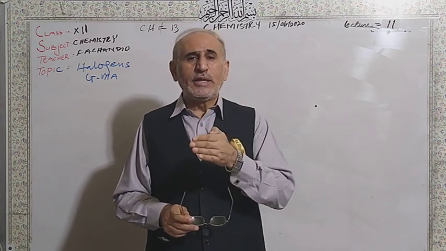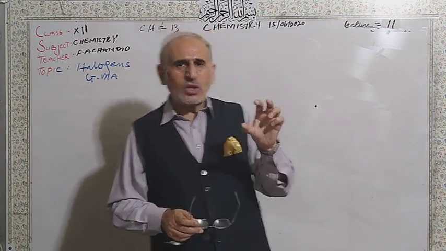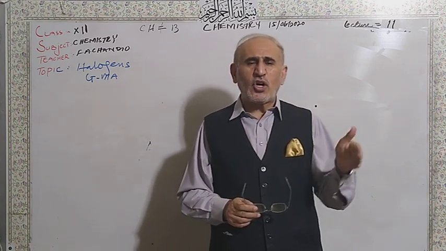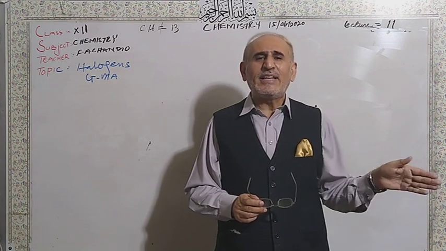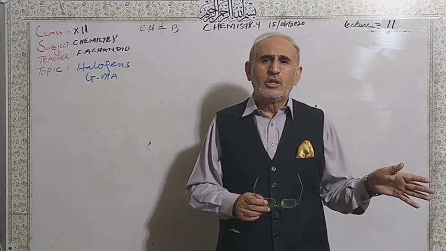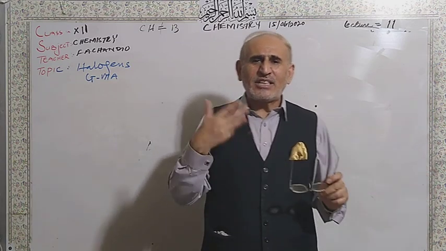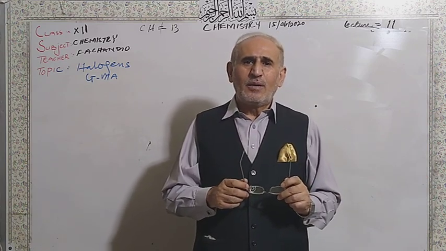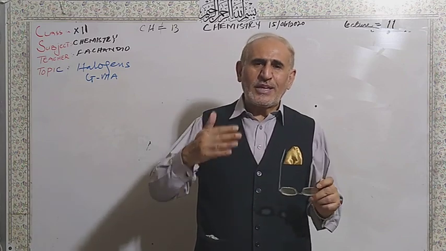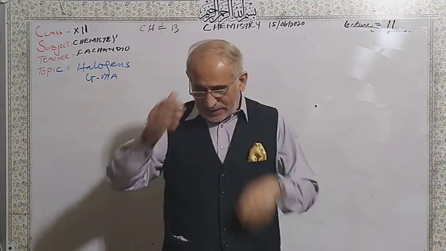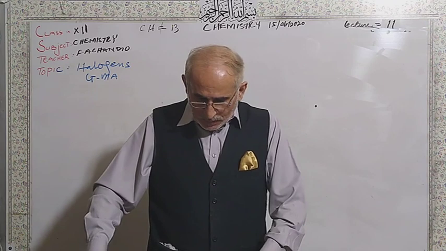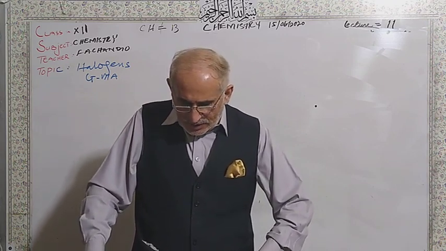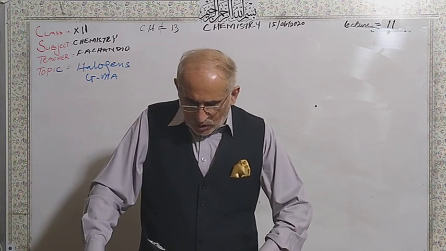From chlorine to iodine. And yesterday I told you in the previous lecture that the electron affinity for chlorine is higher than that of fluorine. Due to the very small size of fluorine atoms, the bond length is also very small.